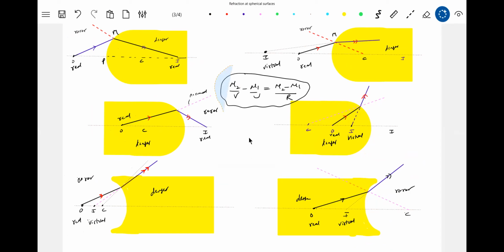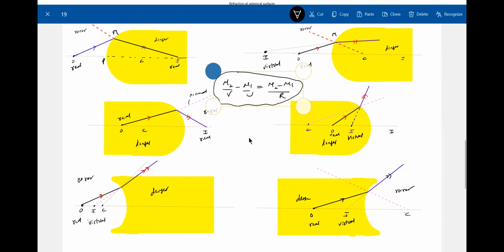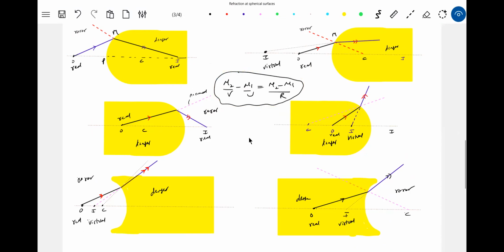There is no limitation that it is applicable here and not applicable here. Object is in the rarer medium, facing the convex boundary, and the image is formed in the same rarer medium, not the denser medium.